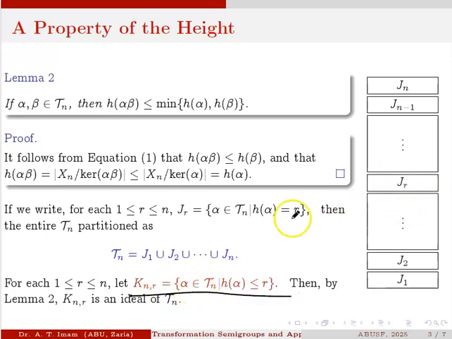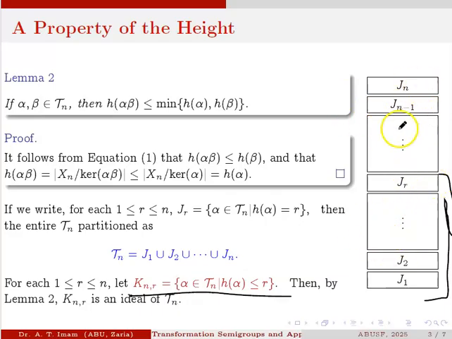If you take this portion of Tn, K(n,r), and pick any two elements, the product will be of height less than or equal to the minimum of the two, and so the product will remain there.